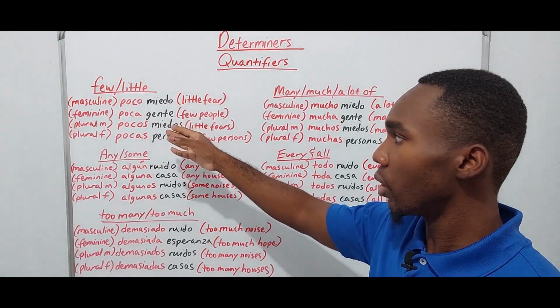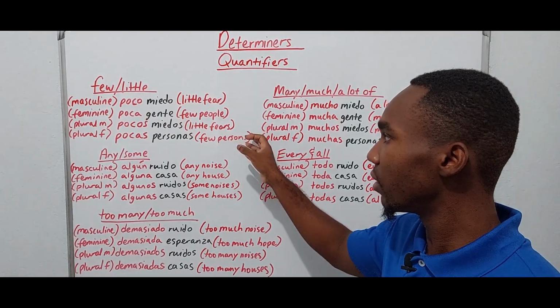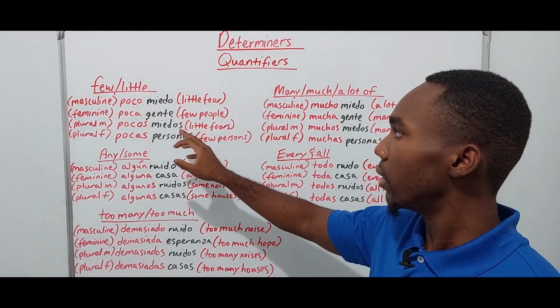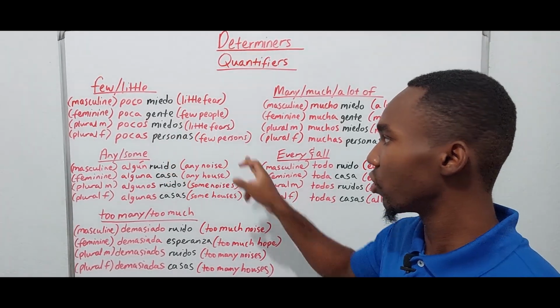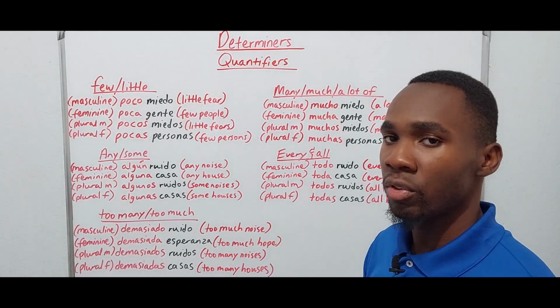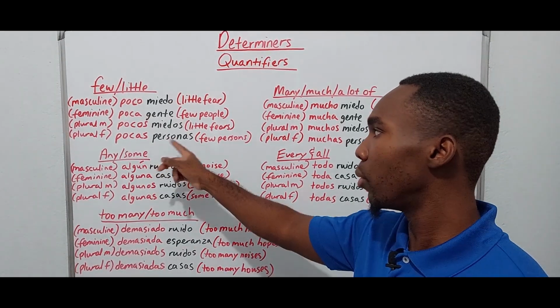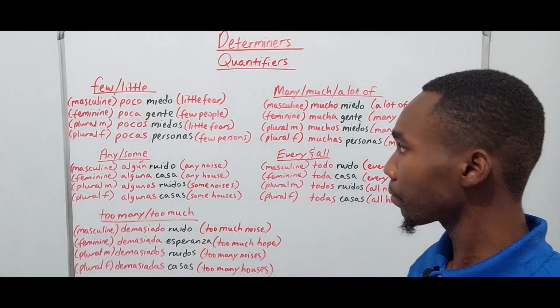If you want to make that plural, pocos miedos, little fears. And plural feminine, pocas personas. Obviously, personas will now be plural and feminine. So we can't say pocas gente because gente is singular.